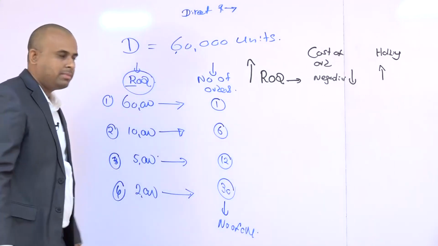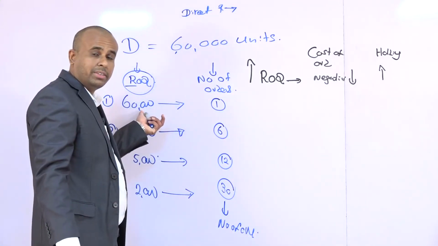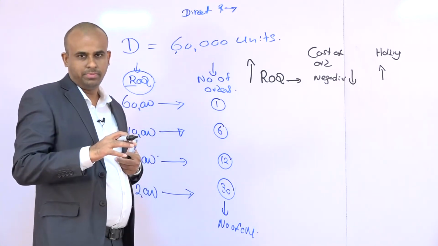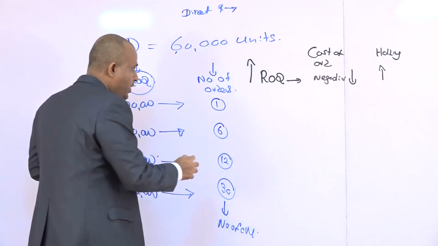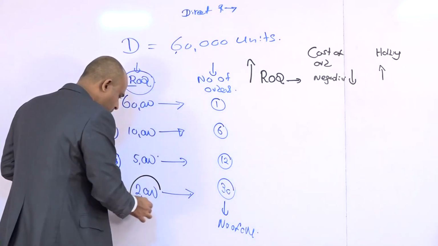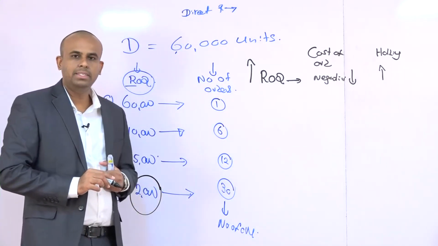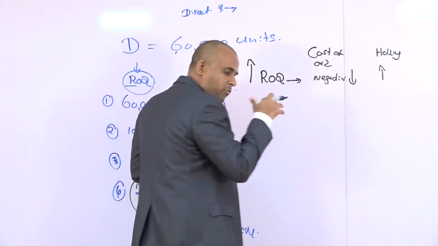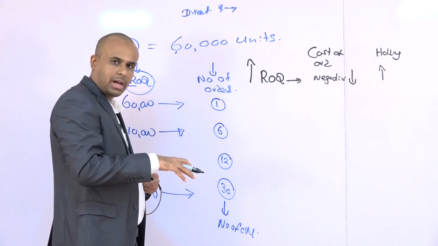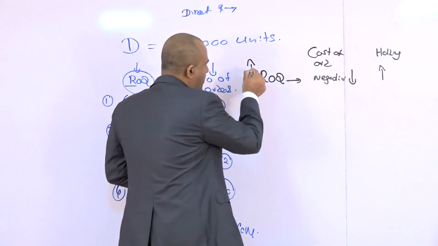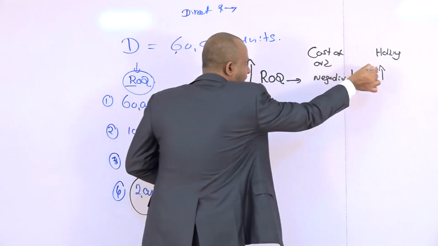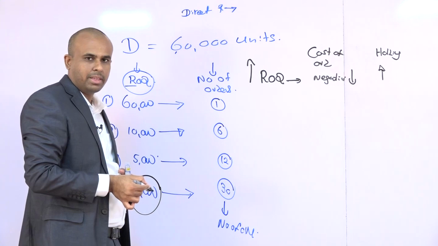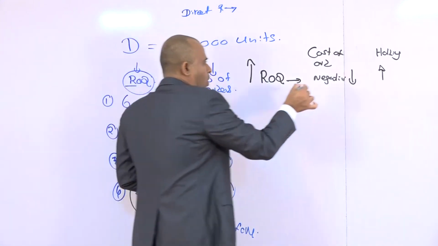For example, when you purchase 60,000 units at once, you have to maintain 60,000 units in your store, whereas when you purchase 2,000 units at once, your holding cost is very low. Therefore, when the reorder quantity is higher, the cost of holding is also higher.